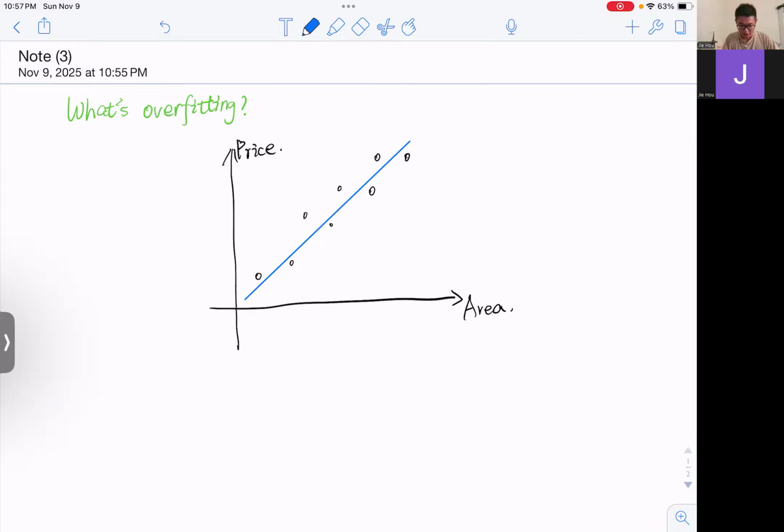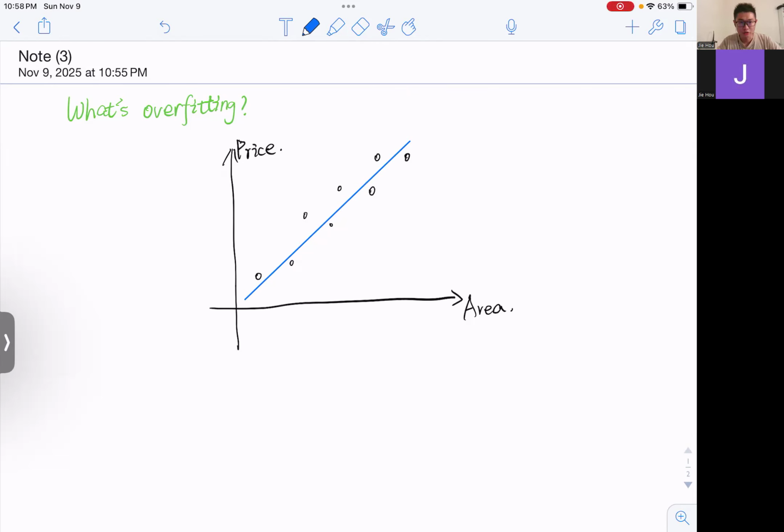We could call it model A. It looks like it fits very well for this data set. But probably some students may want to say, no, it's not. You can see almost every data point of the data set is not on this line.